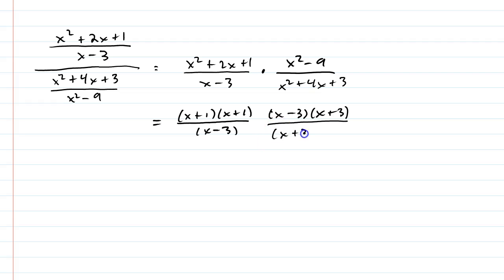And down here we have x plus 3 and x plus 1. We're going to have a lot of things cancel out here. We'll have minus 3 and minus 3, plus 3 and plus 3, plus 1 and plus 1. We are left with just x plus 1 on top. So that whole ugly expression has simplified down to this nice little binomial.